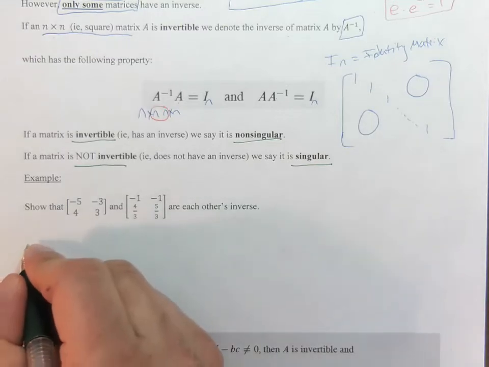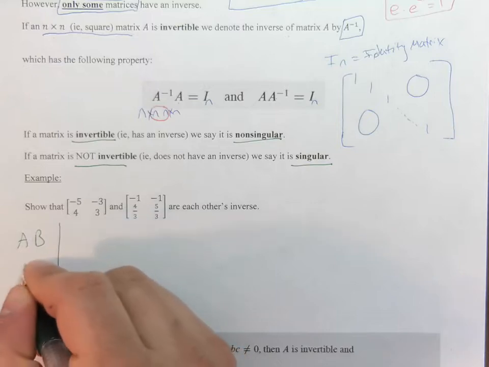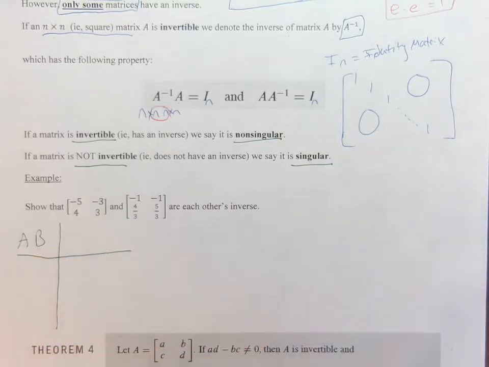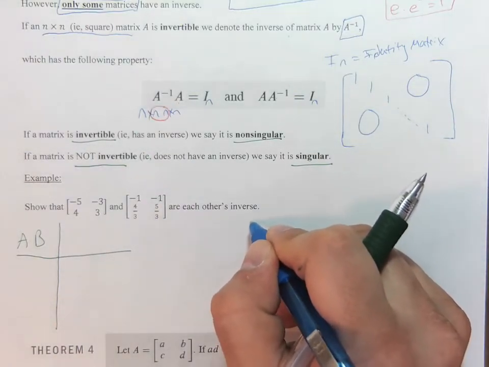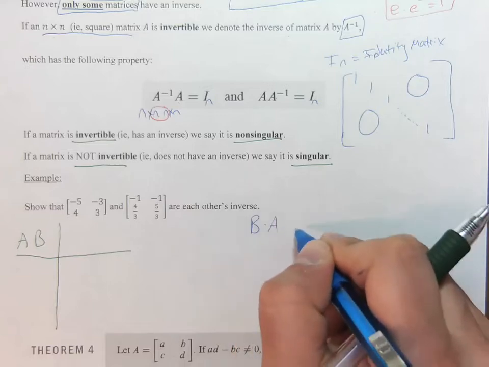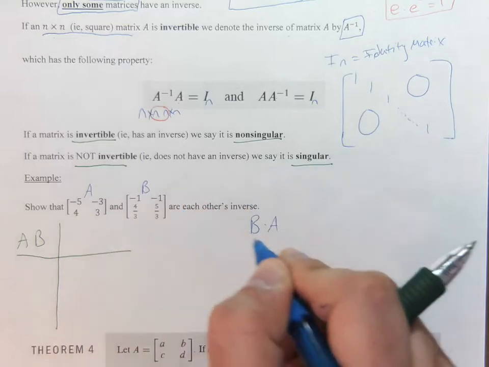So A times B I'm going to do right here, and I'm going to set it up using a table. And then we'll do another one, in another color, where we do B times A right here. Let's call this matrix A and this matrix B.